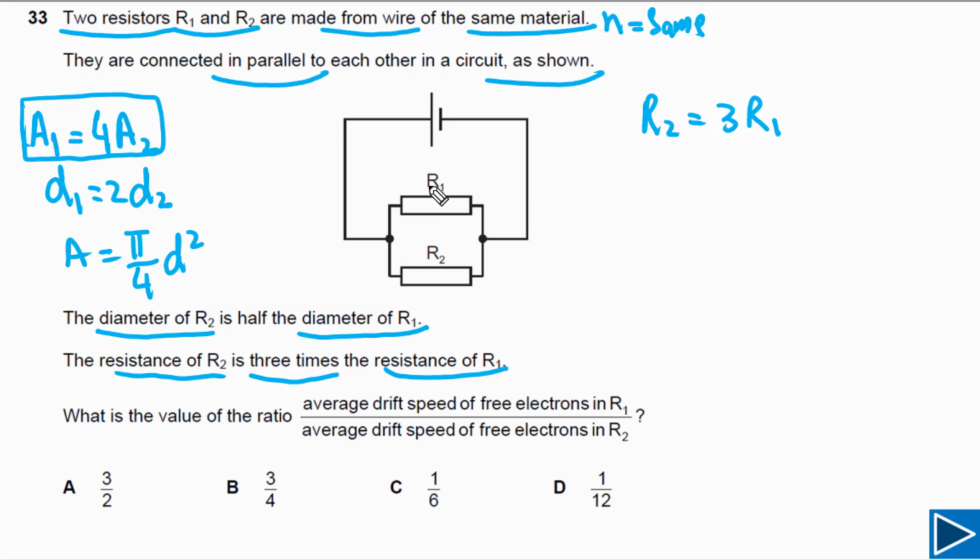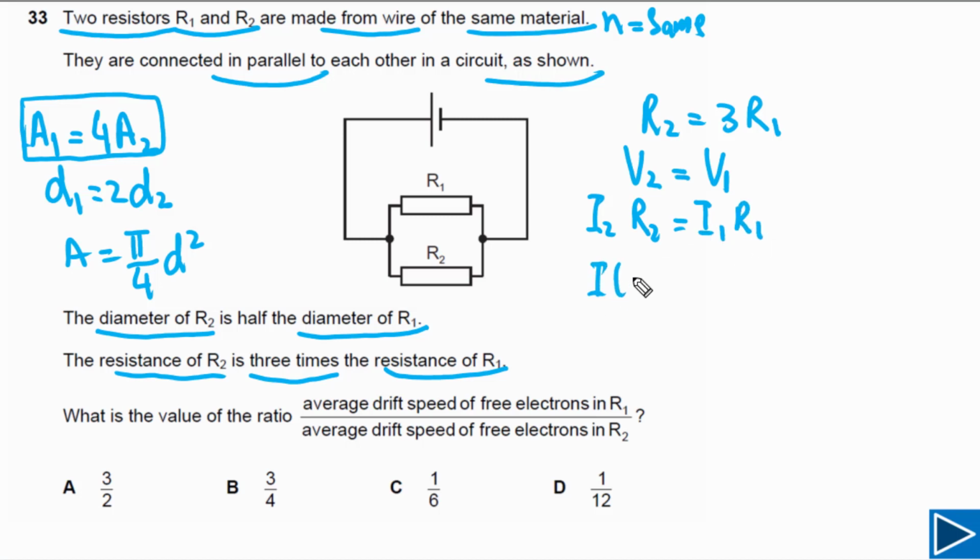But if you look at these two resistors, they are connected in parallel. So V2, the potential difference across the second resistor, is equal to the potential difference across the first resistor. For the second resistor, we can write V2 is I2 times R2, which is equal to I1 times R1.